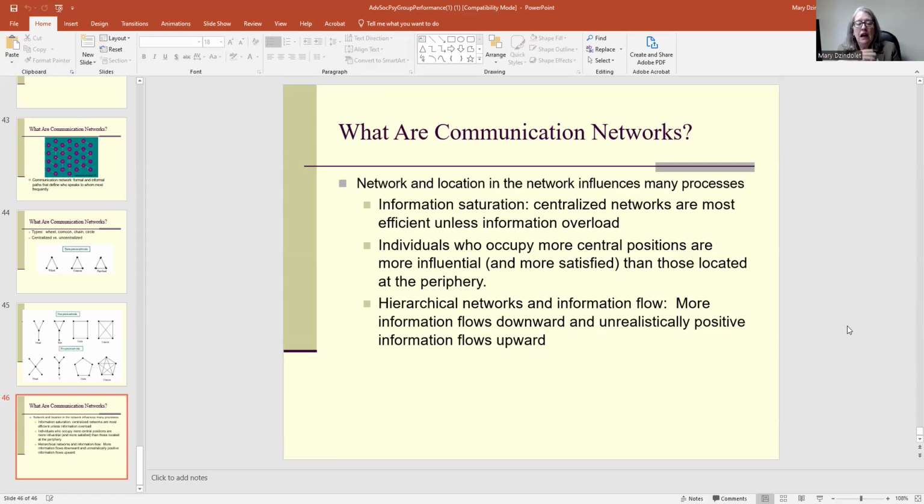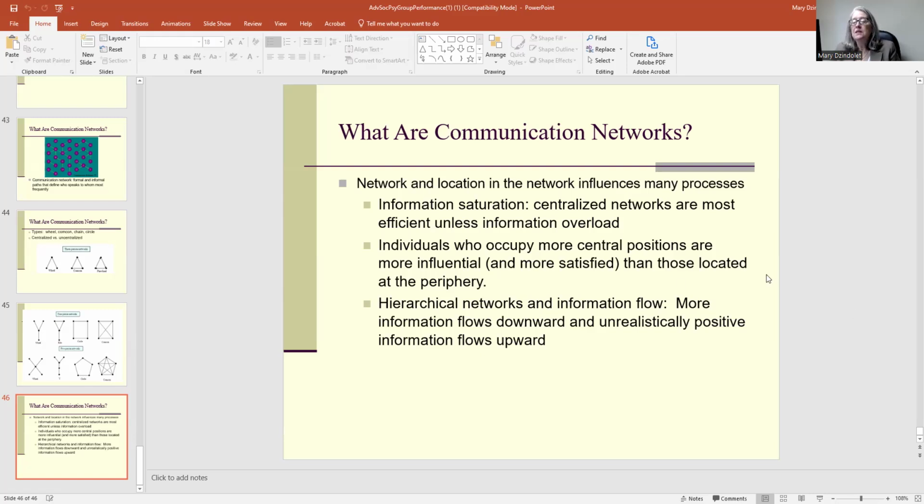So you can see how important it is to think through the policies and procedures and the communication networks that are formally developed, and then let the informal ones create as they do, and then see how much of the informal ones are benefiting the organization or harming the organization. If they're benefiting the organization, make them formal. And if they're not benefiting the organization, what can you do to get rid of the informal ones?